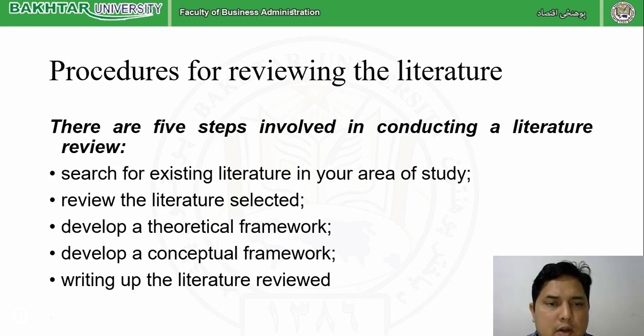So this is all about today's class. We have discussed the research problem, what the sources of a research problem are, how to go about the review of the literature, and how to review the research problem. We have also seen the research questions, how to develop them, and their importance.